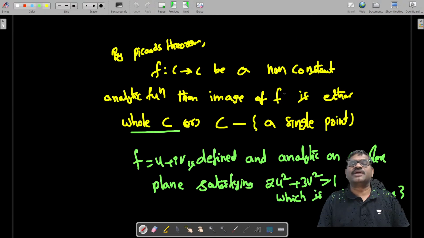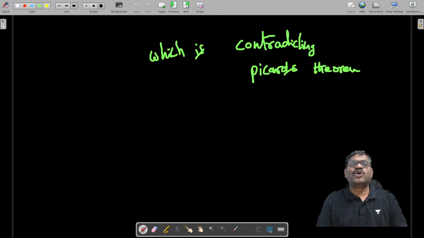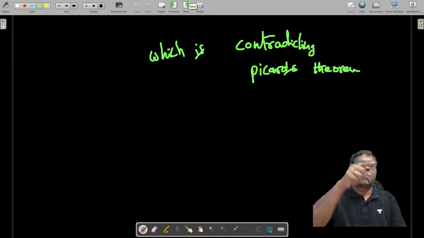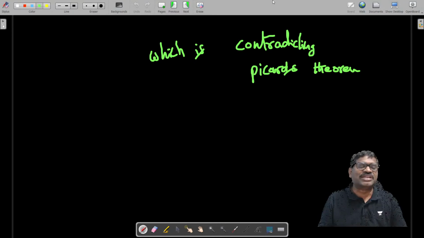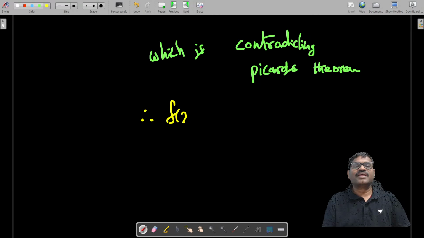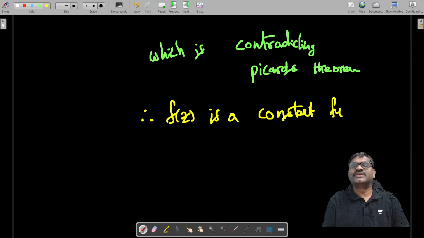What is Picard's theorem? If it is a non-constant analytic function, okay na? So you got contradiction means 100% it is not non-constant. Not non-constant means 100% constant. Therefore, f of z is a constant function.